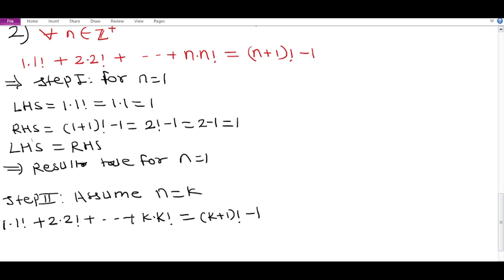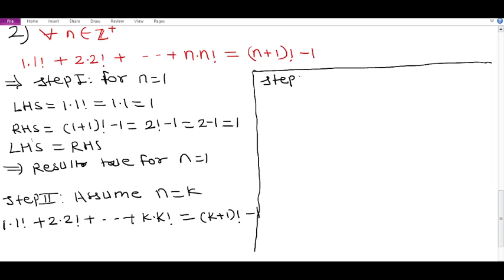Okay, we assume here. Now step number 3 is very important. In this step we want to show that the result is true for n equal to k plus 1.